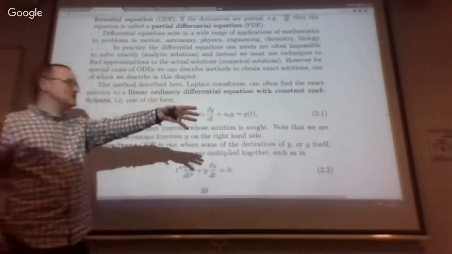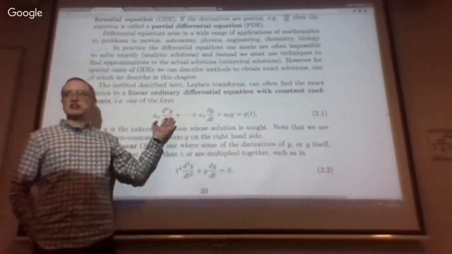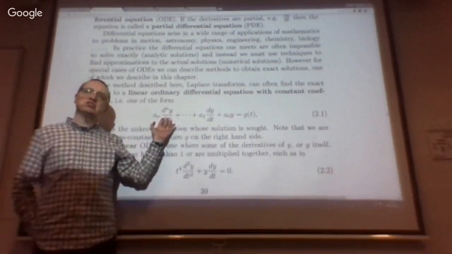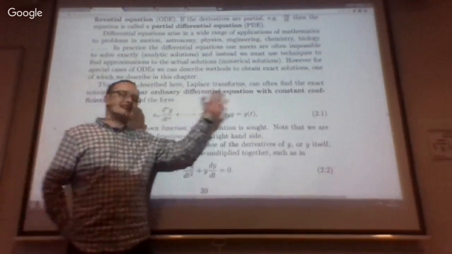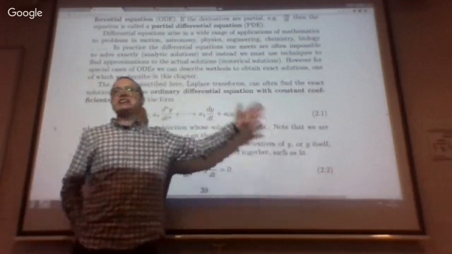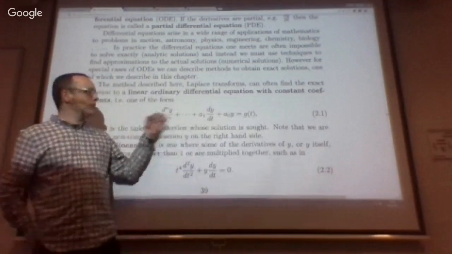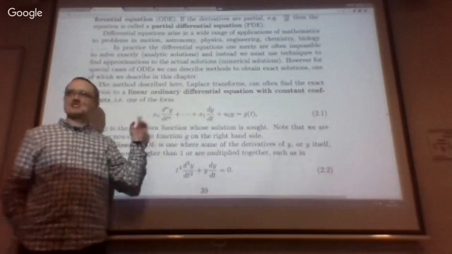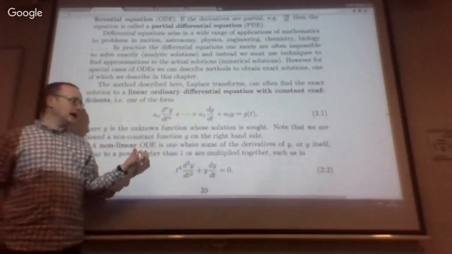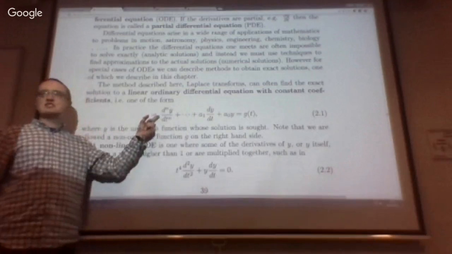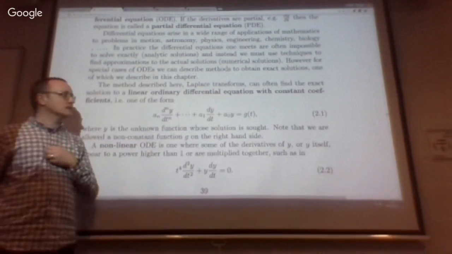But that solves the transformed problem, and what we're interested in is solutions to the original differential equation. So the last step in the process is applying the inverse transform. We come back into the context of the differential equation, and we get back a function of t, which is the solution of the original problem.